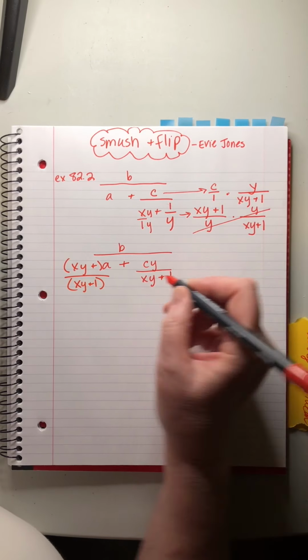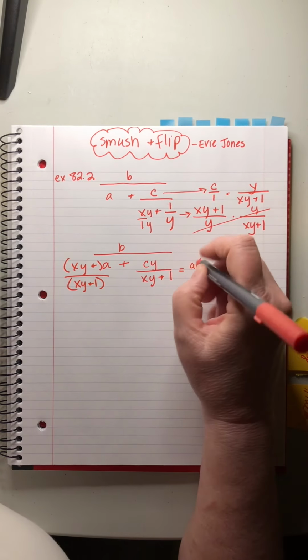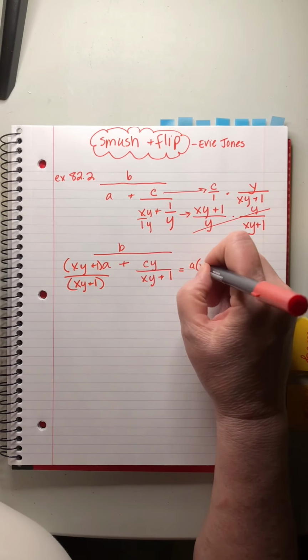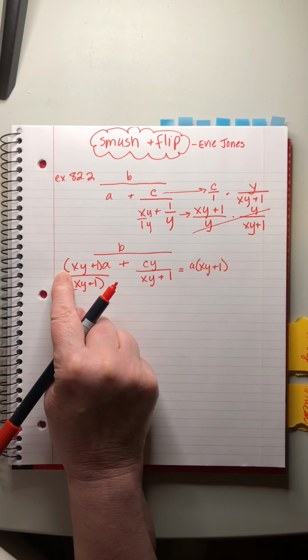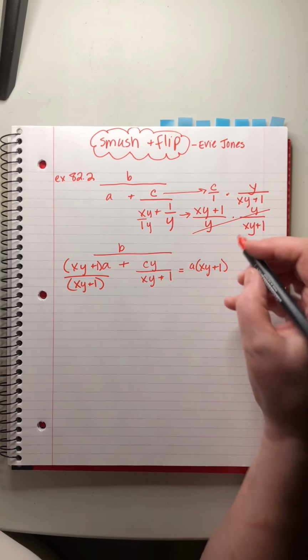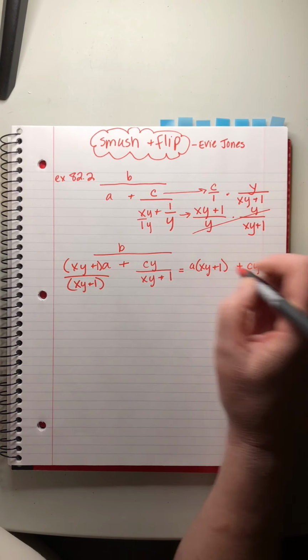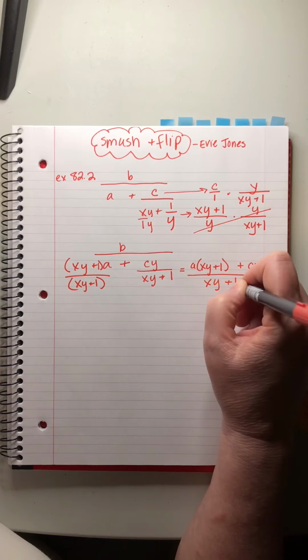Now these match, and I can write a times the quantity xy plus 1, plus cy all over our friendly matching denominator, xy plus 1.